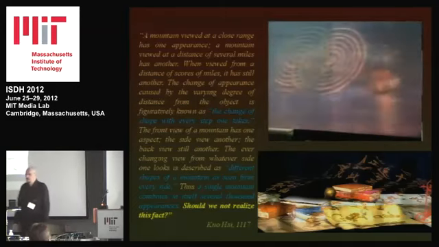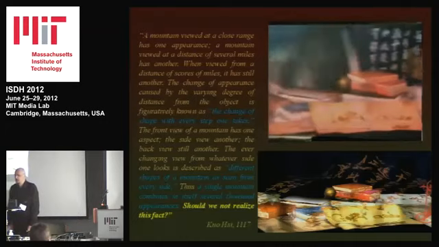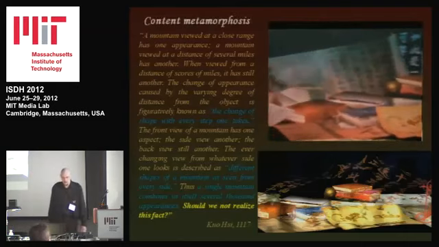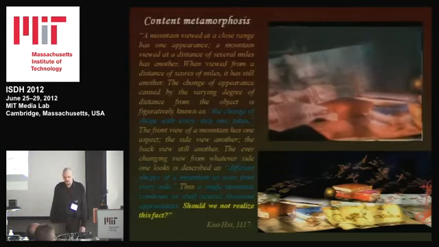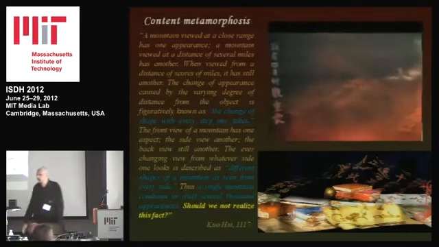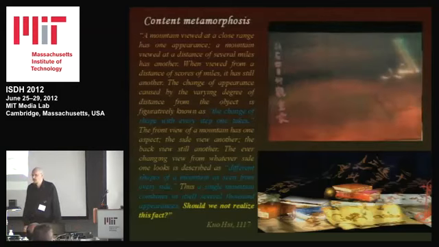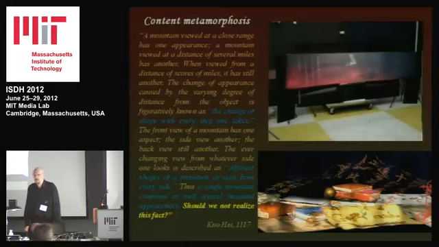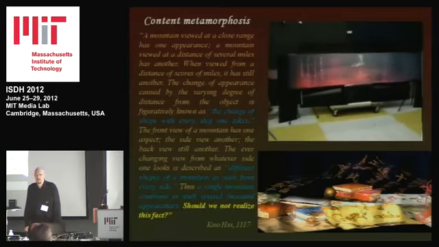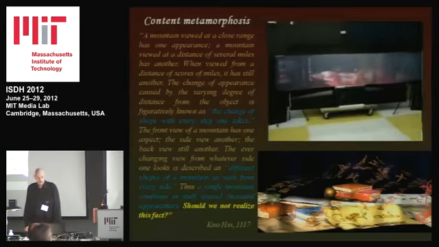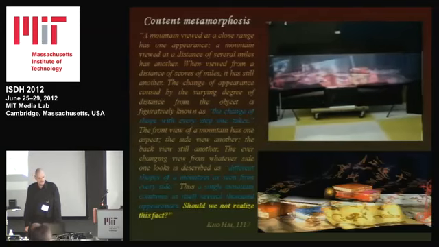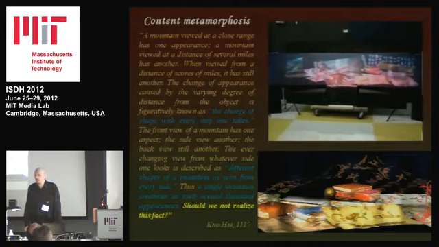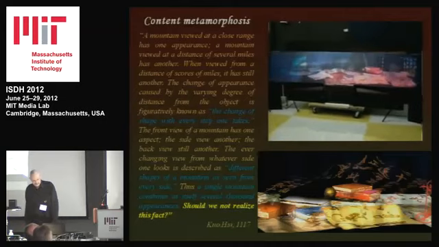Here you have fragmentation again, several thousand appearances. And in the change of shape with every step one takes, you also have content metamorphosis: things change when we change point of view. I think this applies perfectly to synthetic holography. And I would conclude like he did: should we not realize that fact? Thank you.